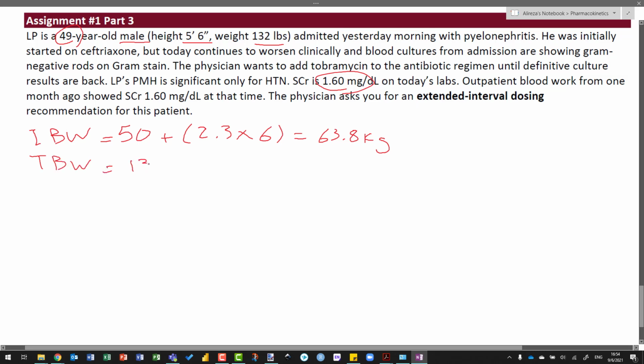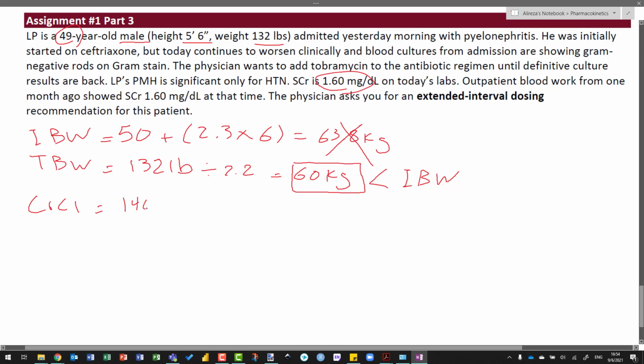And the total body weight is 132 pounds, which we can divide by 2.2, which would give us 60 kilogram. Now this is pretty close to the ideal body weight, and in fact total body weight is less than ideal body weight. So in this case you should be using total body weight, so ignore the ideal body weight.